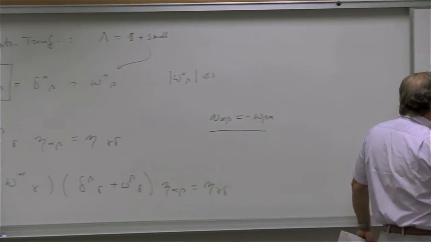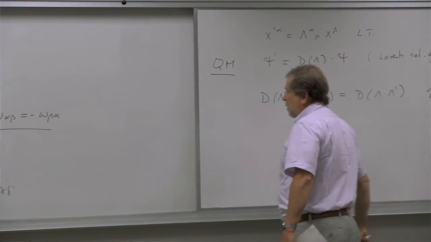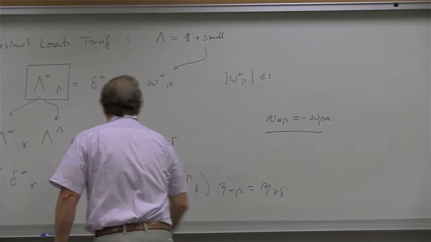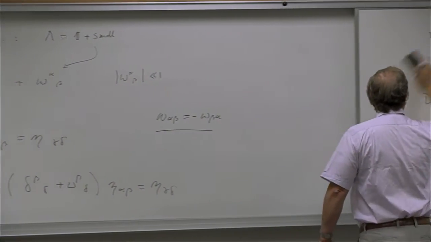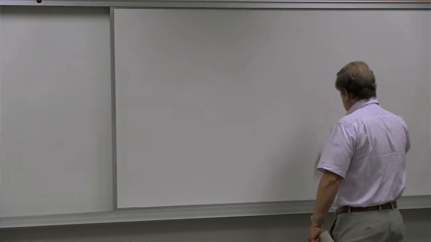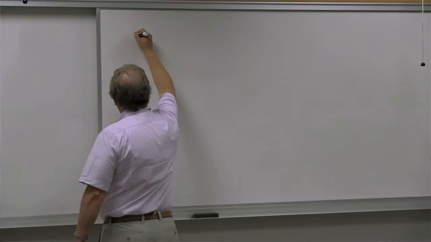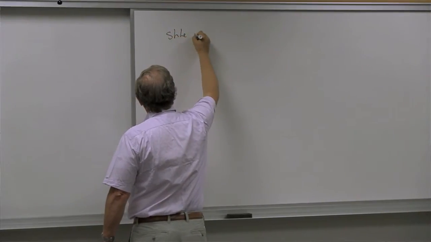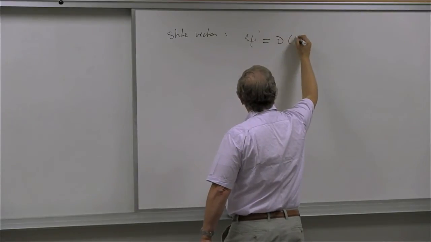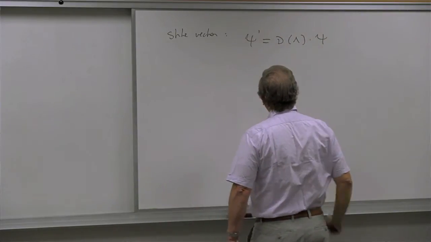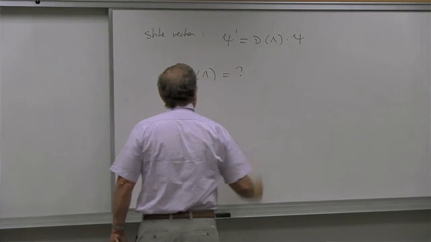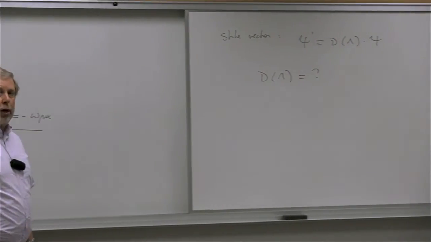Now what about the d? Well, the d is not going to be the same as the lambda, so let's go over on this side. So on this side, when we look at a state vector, we have that psi prime is equal to d of lambda times psi. So what is d of lambda? Well, that's what we're trying to determine.